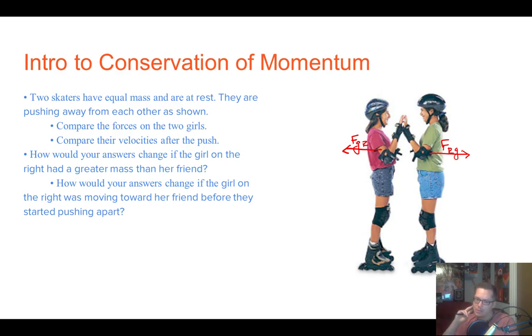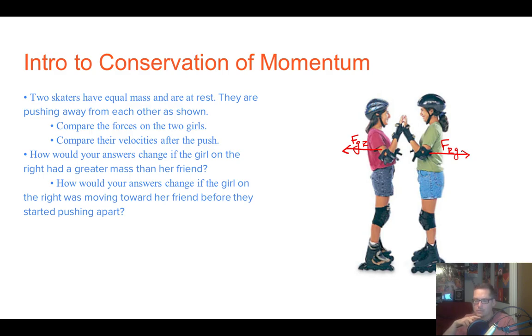What would happen if the girl on the right, the girl in the green, had a higher mass? What would their velocities look like? Well, you could easily imagine that the velocity of the girl in the green would be lower. It would still be opposite of the one in the red, but it would be lower. She'd be moving backwards at a slower velocity than the girl in the red.